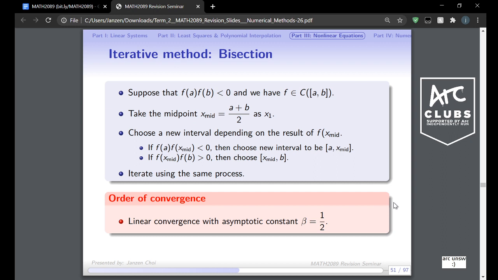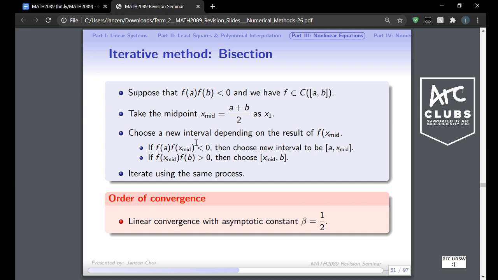So the bisection method relies on the fact that f(a) multiplied by f(b) is less than 0. That expression indicates that a root exists on the open interval (a, b). For this method, we repeatedly investigate the midpoint of the interval and halve the interval by either decreasing the upper bound or increasing the lower bound, depending on which of these two conditions is met.